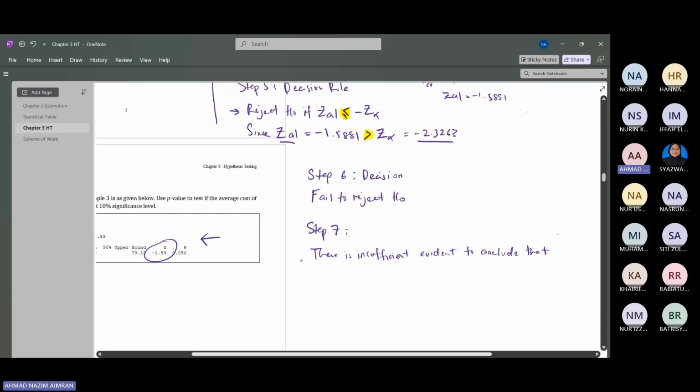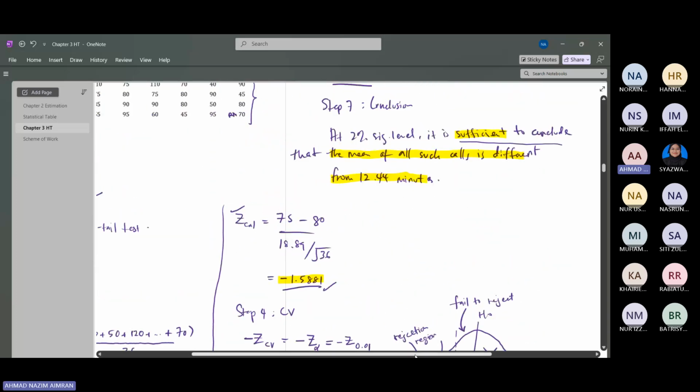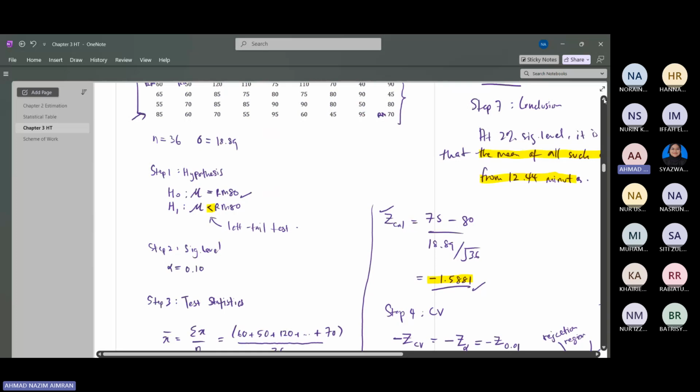What is the alternative hypothesis? The mean price of shoes is less than RM 80 ringgit. Or you can also get the statement from the question.